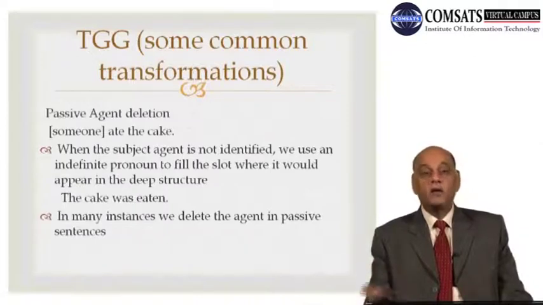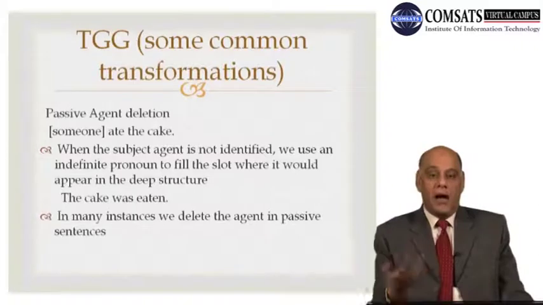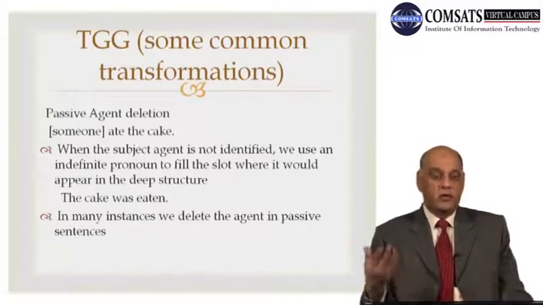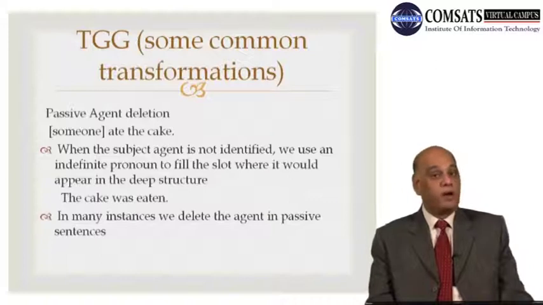Who ate the cake? You have to introduce. In the deep structure, there must be an agent. I ate the cake, he ate the cake, Ahmed ate the cake, John ate the cake. So there has to be an agent which did that action. So we delete the agent sometimes in passive voice, but we can't ignore it. We are just removing it depending on the situations.